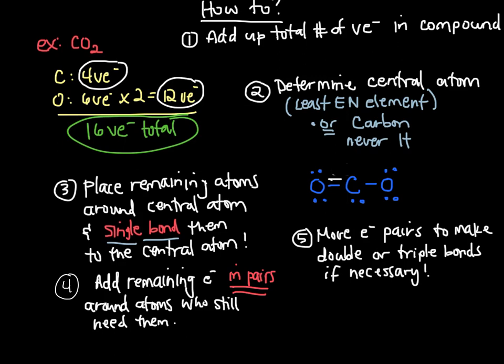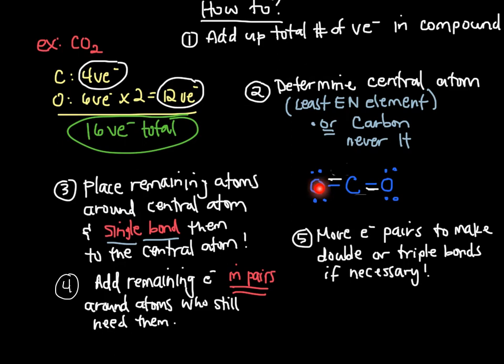It wants 8. So we're going to go ahead and move this pair of electrons to here and make another double bond. And remember to erase the pair that you moved and double check that you still only have 16 valence electrons. So 2, 4, 6, 8, 10, 12, 14, 16. And also double check that everybody got their octet.